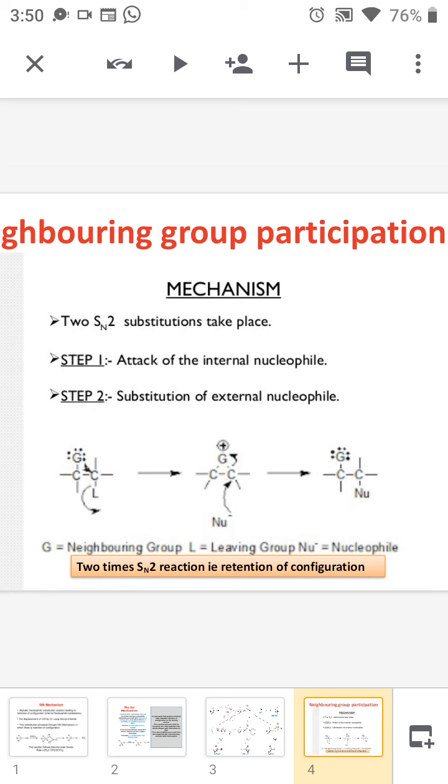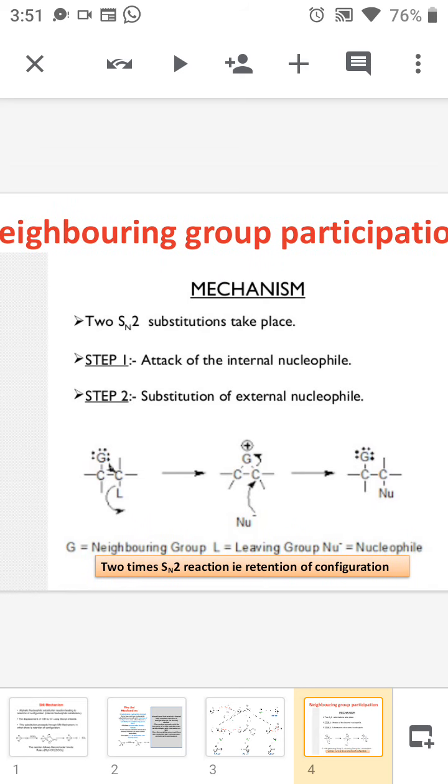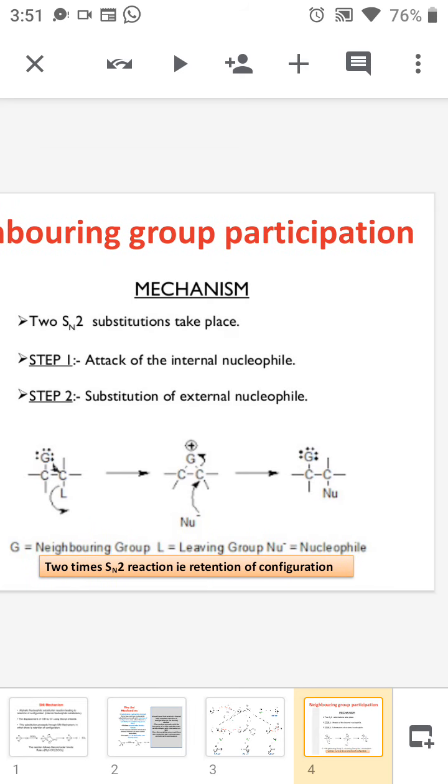And after that, the external nucleophile will approach the carbon atom, and simultaneously the pair of electrons which was donated by G is taken back, or retained, by G. Here we can see that in the first step the leaving group is liberated, and in the opposite direction G attacks, donating the electron pair to the carbon atom.